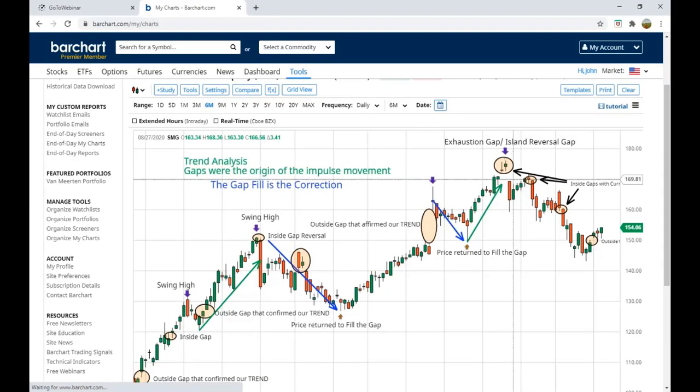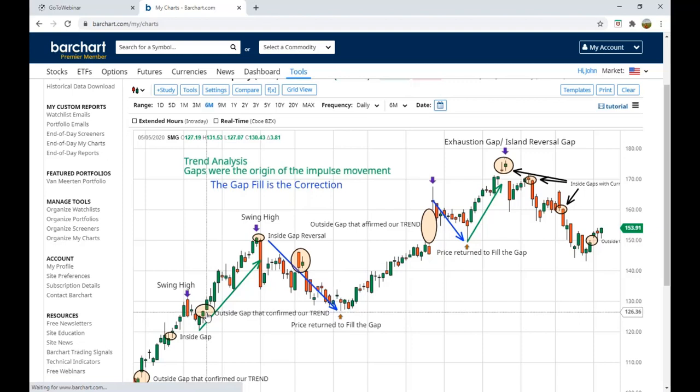All right, so let's go back to the chart that I showed you before. What we're talking about here is, we have a little gap right here, and this is called an outside gap. We'll make that distinction in a little bit. Price ran away, and then price came back. Here's the tail of this candle, and notice that that tail lines up with our gap.